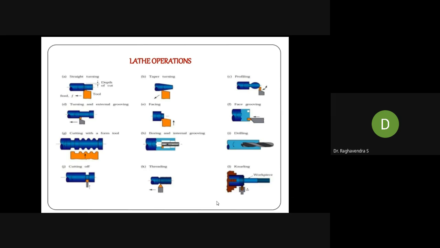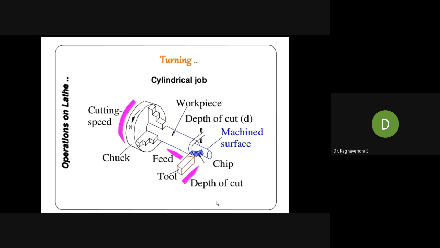Facing means reducing the diameter of the workpiece face. Thread cutting is cutting with a form tool. Boring is making and enlarging holes, and drilling too. Knurling means making the surface finish a bit rough.